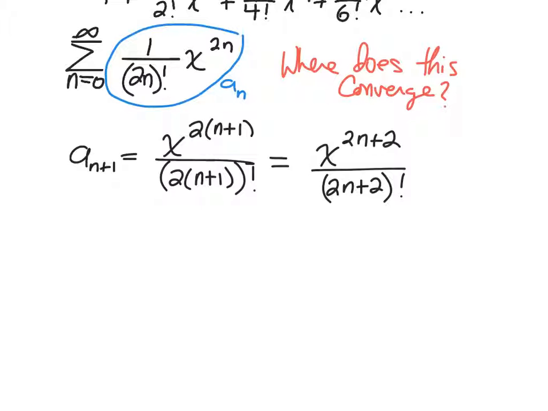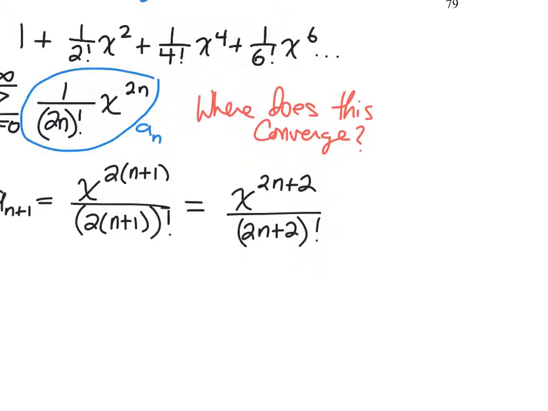All right, so just for the sake of a little bit of housekeeping, simplify x to the 2n times x squared. The bottom, as you know, if you're going to be able to simplify this properly, it's going to have everything to do with the factorials on the bottom and whether you're able to simplify those.